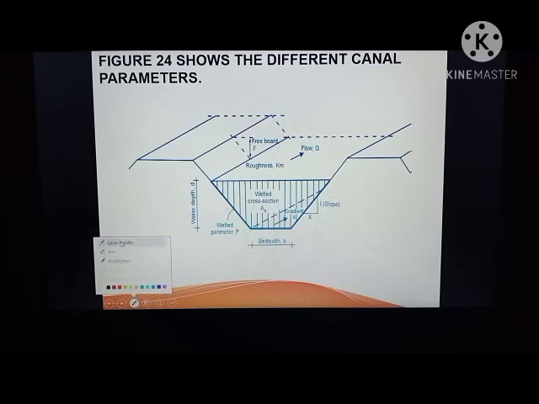As you can see, we have the freeboard, we have the flow, the roughness, and this is the wetted cross section. This is the wetted perimeter, and this length is the water depth, and this is the length of the bed width, and this is the slope.